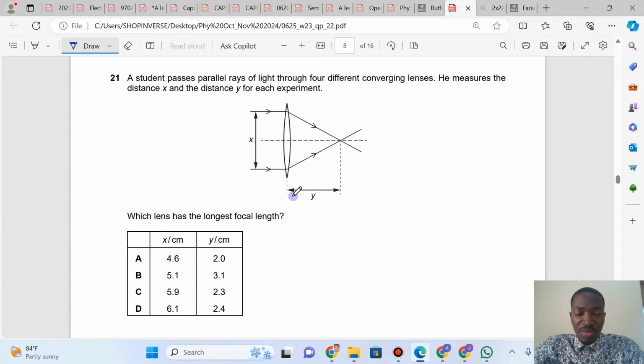So we just pick the largest value of y. That is 3.1, the biggest focal length, irrespective of what the value of x is. So you pick 3.1, option B, the correct answer to question number 21.